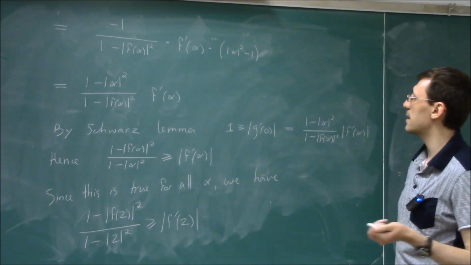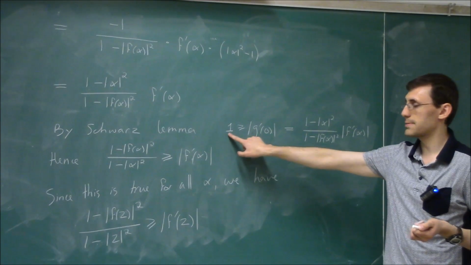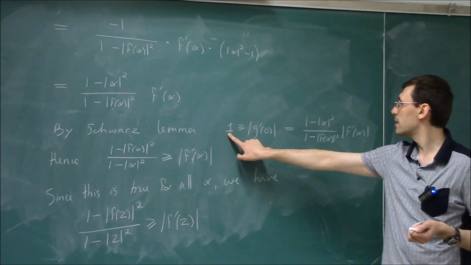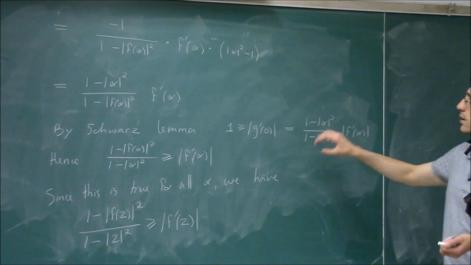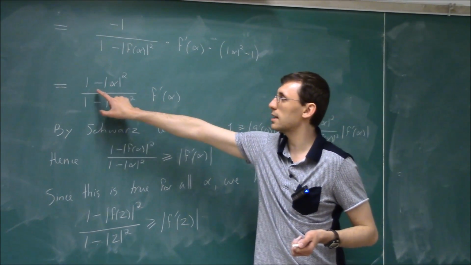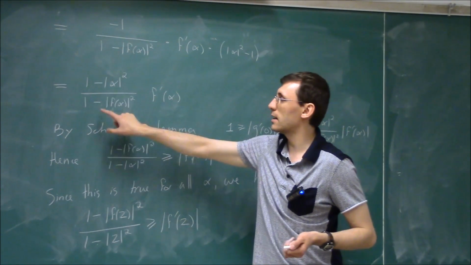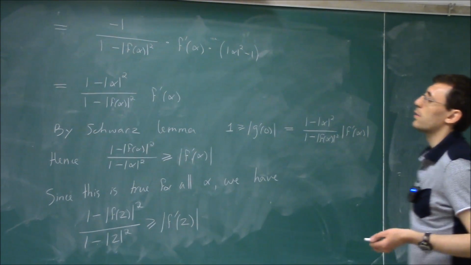Now, by Schwarz Lemma, what do I know? I know that the modulus g prime of 0 must be smaller than or equal to 1. Now, the modulus of g prime of 0 is the modulus of this quantity. Notice that since alpha is in the disk, numerator is a real positive number and denominator is a real and positive number.